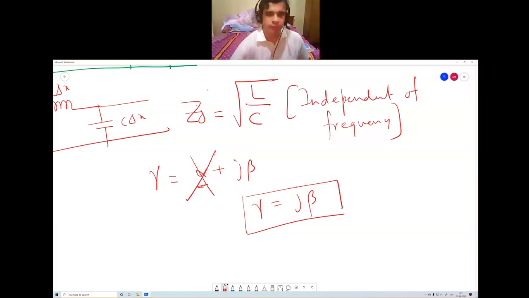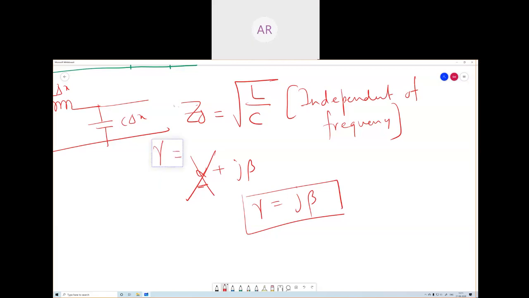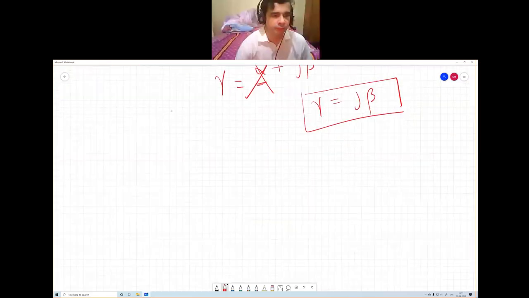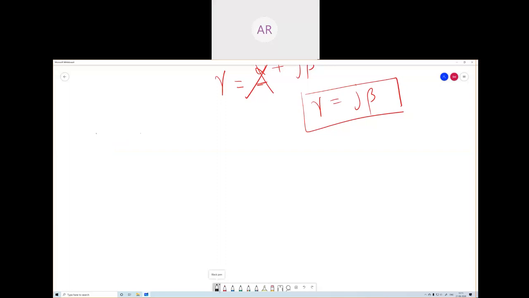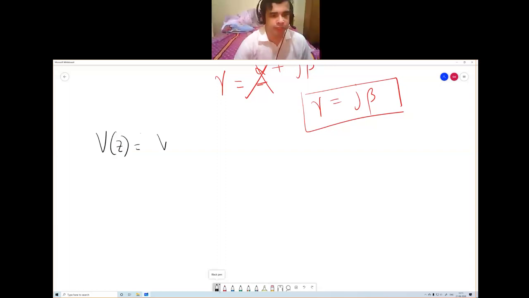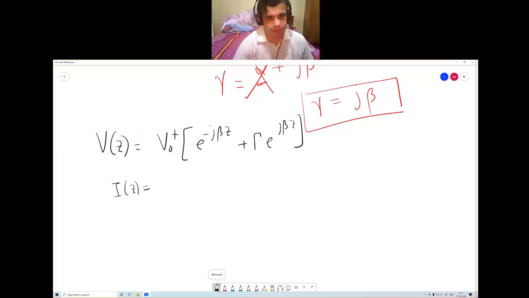Okay. So how will our equations of V and I look now? Vz will be V0 plus e to the power of minus j beta z plus capital gamma e to the power of j beta z, and Iz will be V0 plus over Z0 e to the power of minus j beta z minus capital gamma e to the power of j beta z.